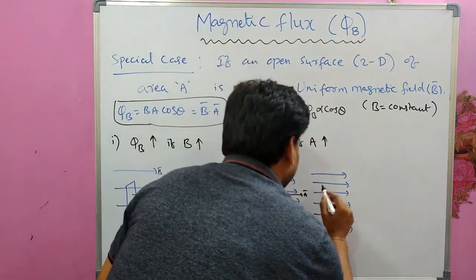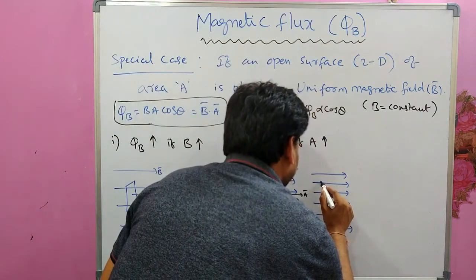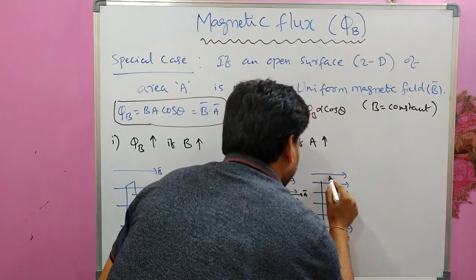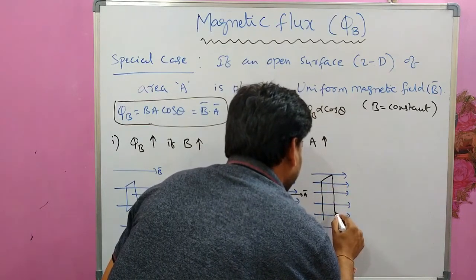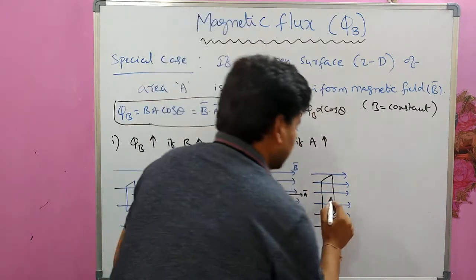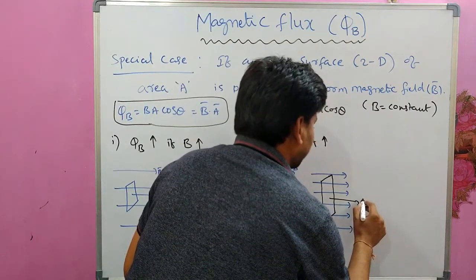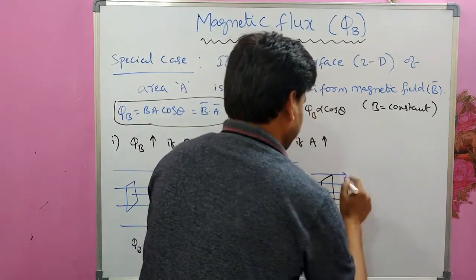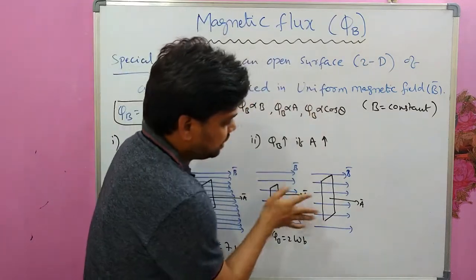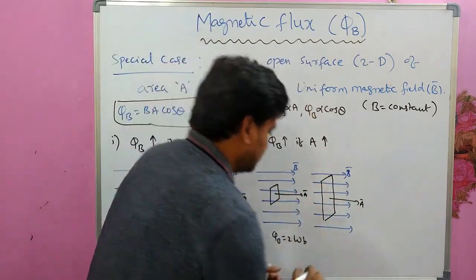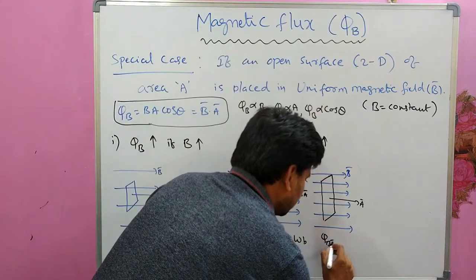Only the area of the surface is now increased. You can see this is the area, for example, and this is B. And how many magnetic field lines now? 1, 2, 3, 4. You can say phi B is equal to 4 Weber.